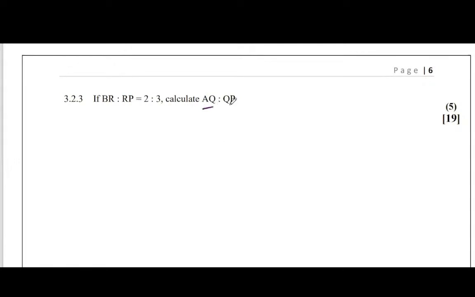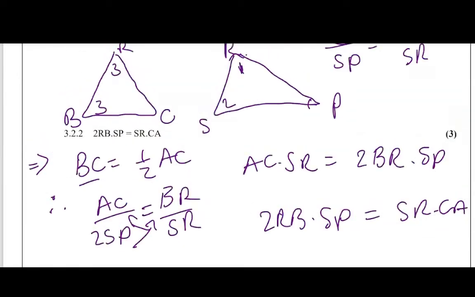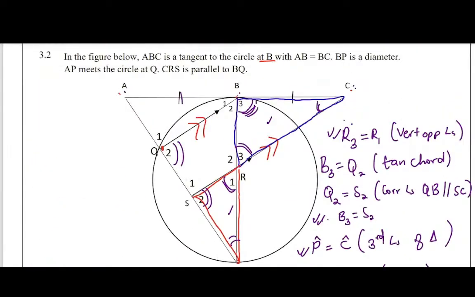Calculate the ratio of AQ to QP. Calculate the ratio of AQ to PQ. Okay, I'll just go back to the question. AQ to PQ. So they want us to look at AQ and then PQ.